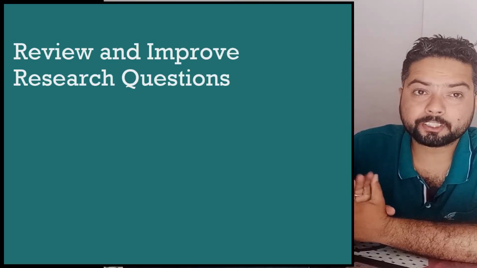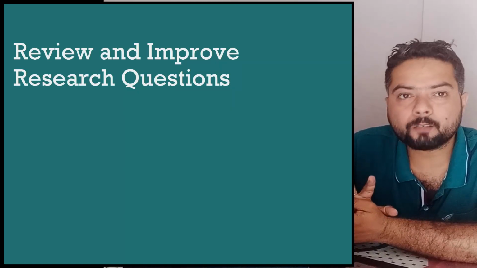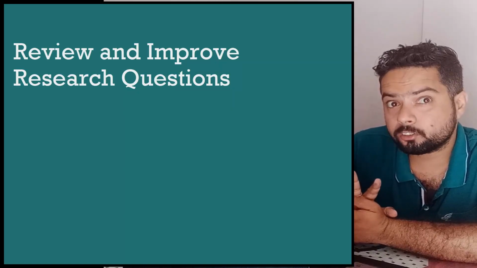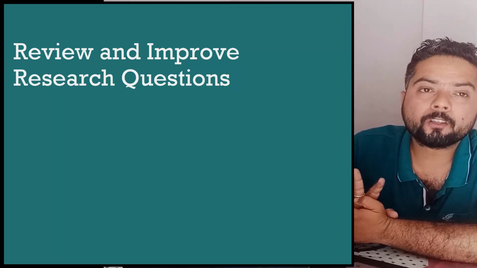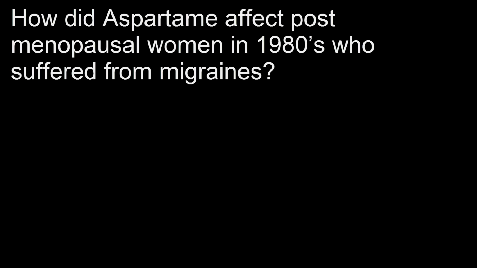In the next part of this video, we will review some research questions and have a look at how we can improve them. The first research question is, how did aspartame, which is the name of a drug, affect post-menopausal women in the 1980s who suffered from migraines? If we look at this research question, it is very narrow.